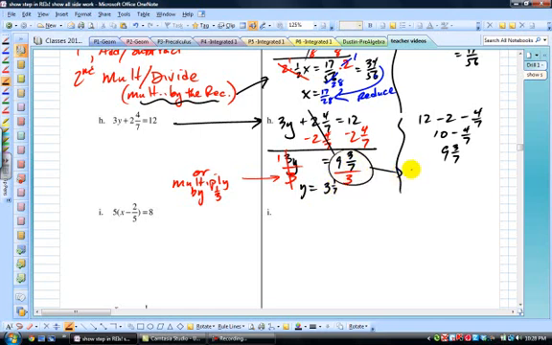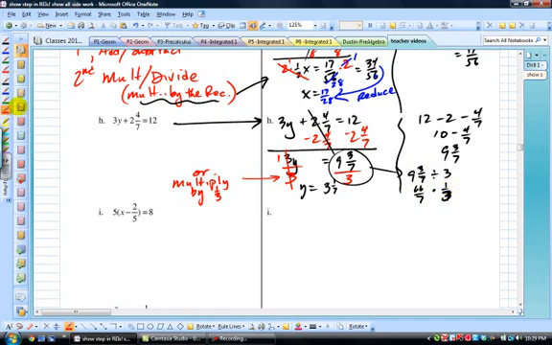Or take it over here. You take 9 and 3/7, divided by 3. Change the improper first. So 7 times 9 is 63 plus 3 is 66. 66/7 times the reciprocal, 1/3.